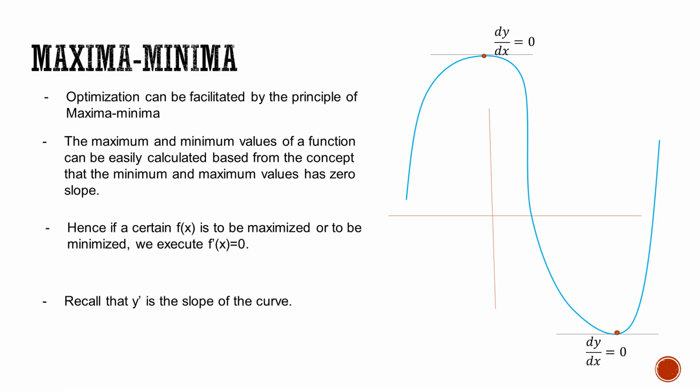Because if we are going to recall, y prime is the slope of the curve. Hence, if it is horizontal, yung mga maximum tsaka minimum values nasa horizontal line. Therefore, we will have a principle dy over dx is equal to 0. Is a horizontal line. Okay?